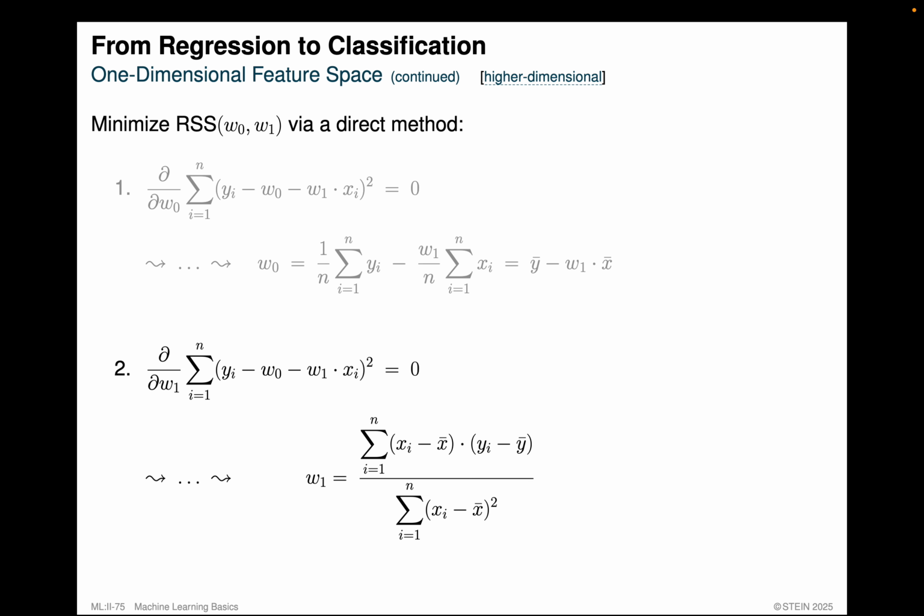If we now compute the same for W1, we will get a value that is not dependent on any other weight, and we can then put this function in here and solve, and we will get the optimal parameters for the model function for the points that we are given.